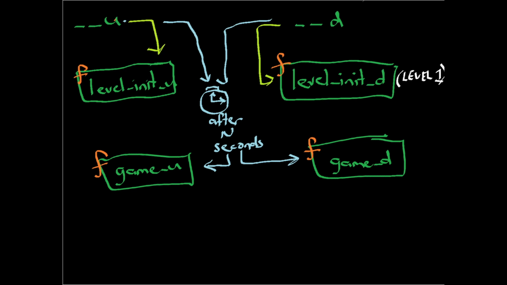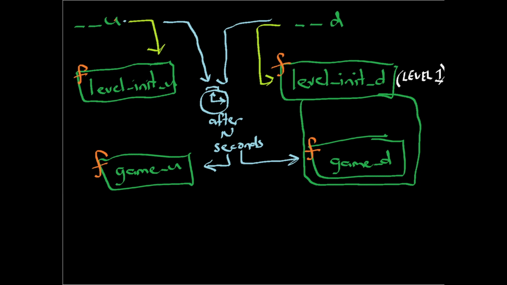So actually, when we get to level init D, you'll see that contained inside level init D is a call to game draw. So what it's doing is it's calling game draw to render the whole game to the screen. And then after that, it's overwriting the little level marquee with the level text on top of it in level init. So this one's a bit of a cheat, but a cool cheat, I think.